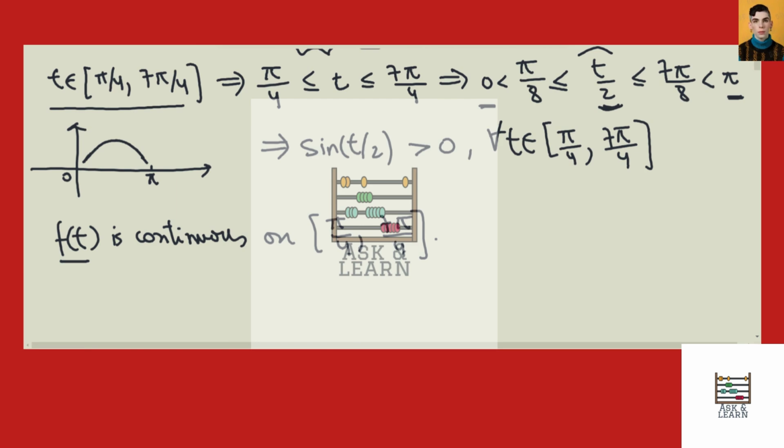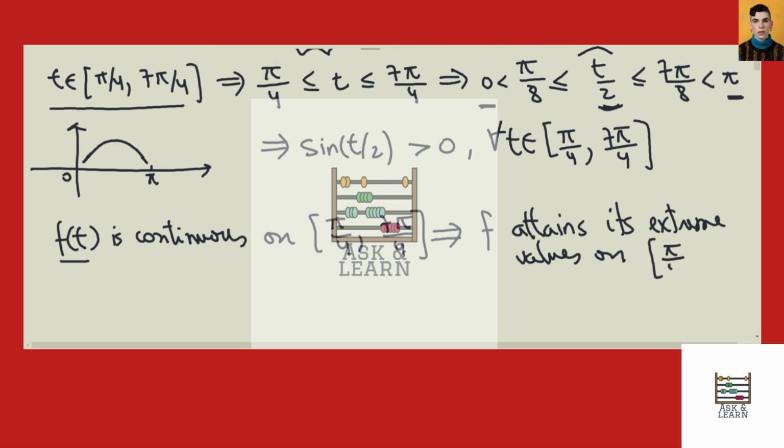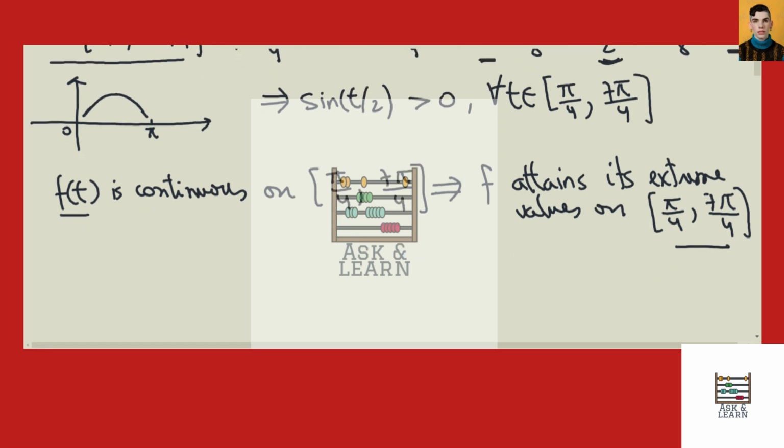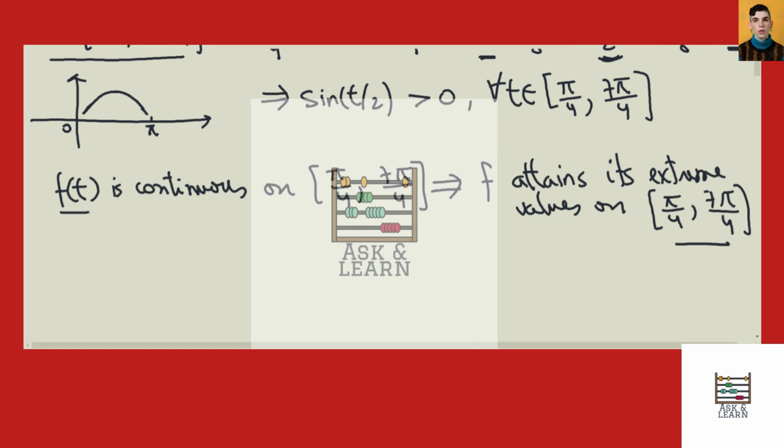And for that reason, being continuous the function on a closed interval, we know that f attains its extreme values on the given interval. It means there are points or values in this interval for which the images of those points are equal to the extreme values of the function.